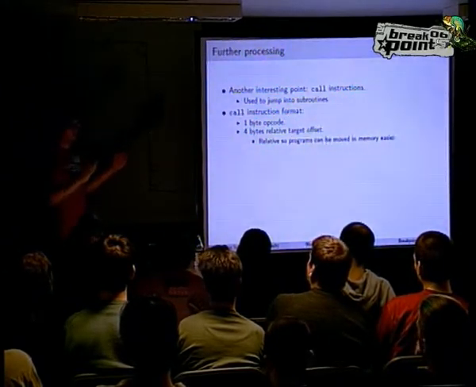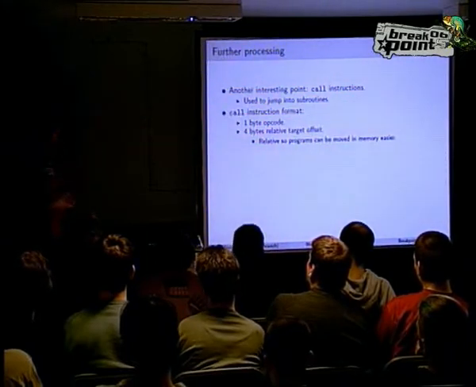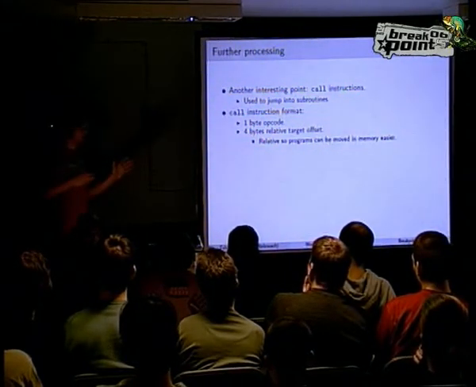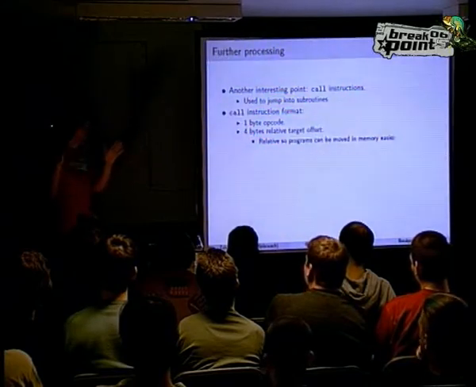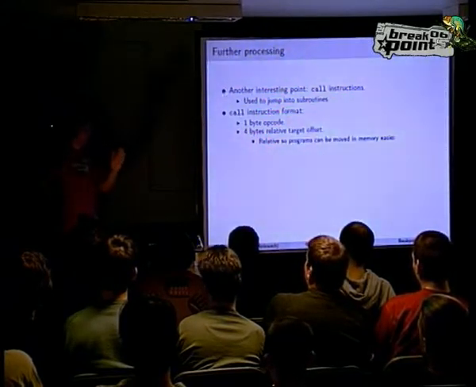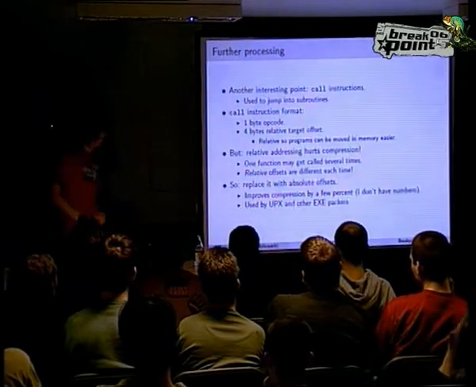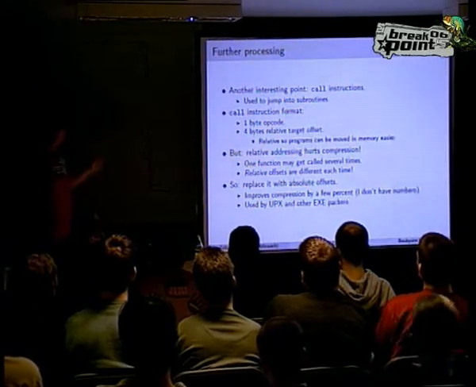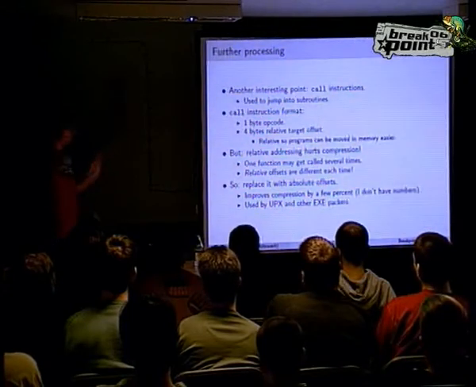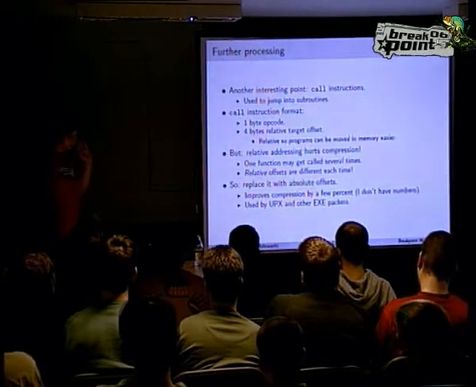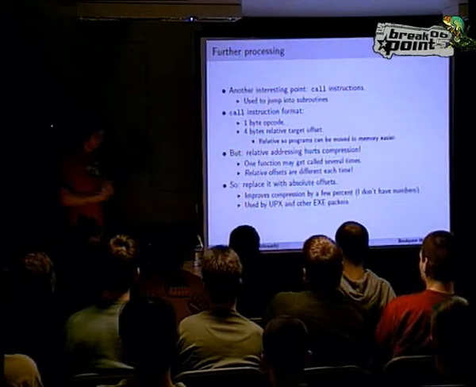That was the original idea. If you have to load a program at a different address, you can do so without having to patch every single call, because the relative offsets don't change if you just move it. But it hurts compression, because usually some functions get called very often, others just get called a few times.